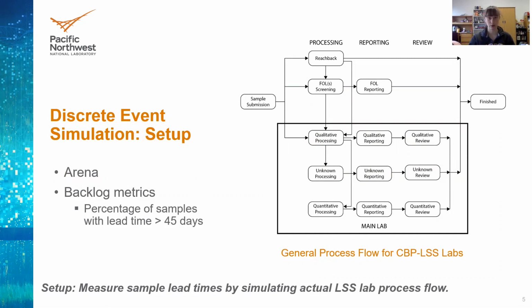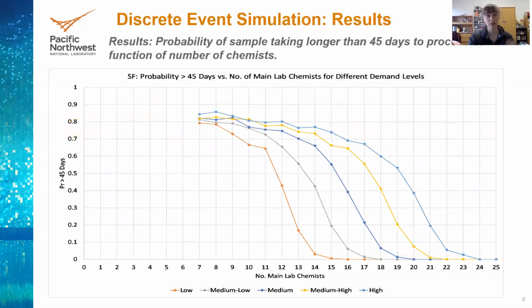They ran the simulation for different numbers of chemists assigned to each lab. The measurement taken from this simulation was the percentage of samples that took greater than 45 days to process. So basically the proportion of samples that took too long, in a sense. And here's just an example from the simulation.